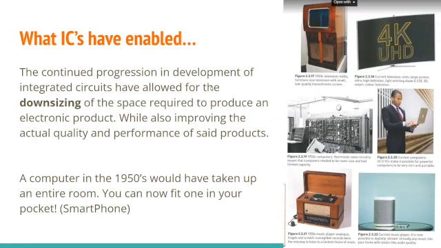So I mentioned this already before, but we'll just go through it one more time. The downsizing and the improved performance of products is really what's been allowed by the development of ICs. If you look at this example of this TV here, you've got an absolutely huge cabinet with a very small window, which is your TV, and then a big speaker down the bottom.